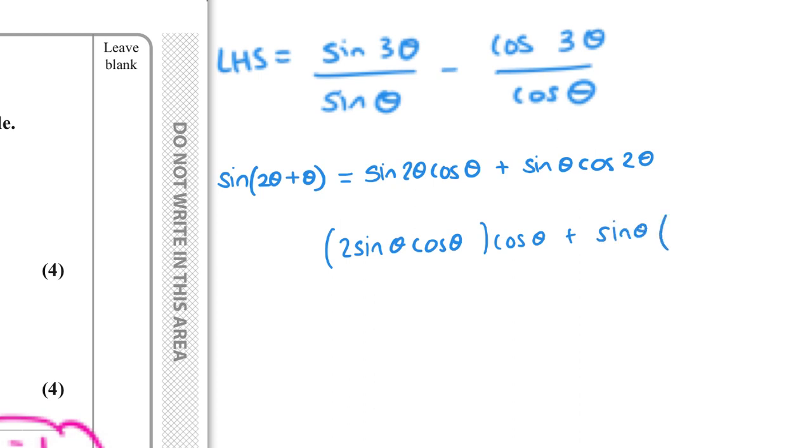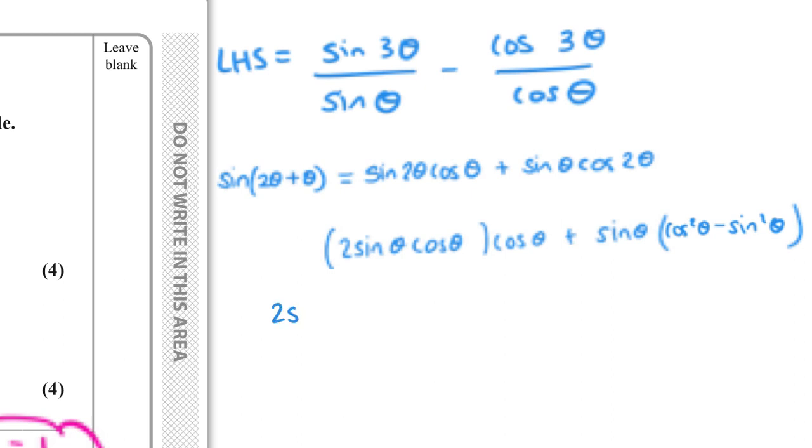Now, using your formula book, I think it's sine squared theta minus cos squared theta. Let me check this. Other way round, guys. This is why it's always handy to check. It's cos squared minus sine squared. Okay, so we're going to have cos squared theta minus sine squared theta.